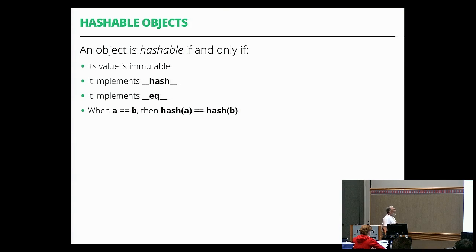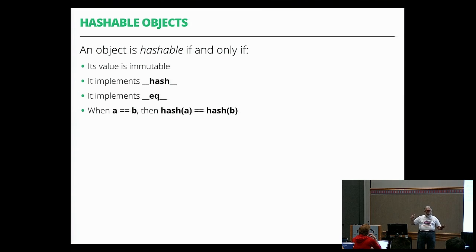An object is hashable if and only if its value is immutable, and that's critical. So are tuples hashable? It's a trick question. Yes?